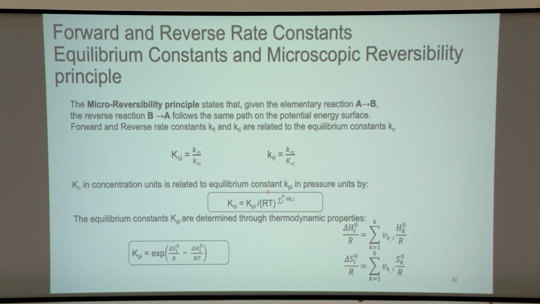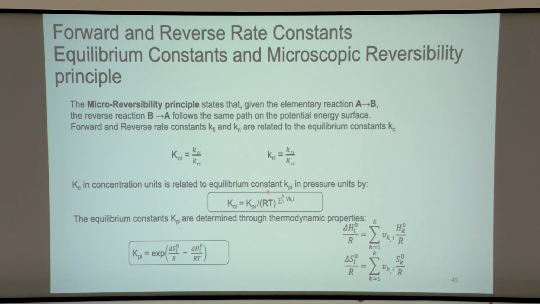Okay, and finally, we'll just wrap up. When we talk about elementary reactions, we apply this concept of microscopic reversibility. This is saying that if you have a reaction in the forward direction, the reverse reaction follows the same potential energy surface. So in the chart I showed before, we had reactants going to a transition state and down to products.